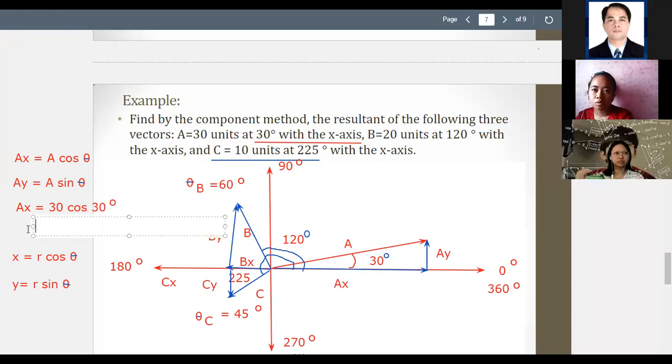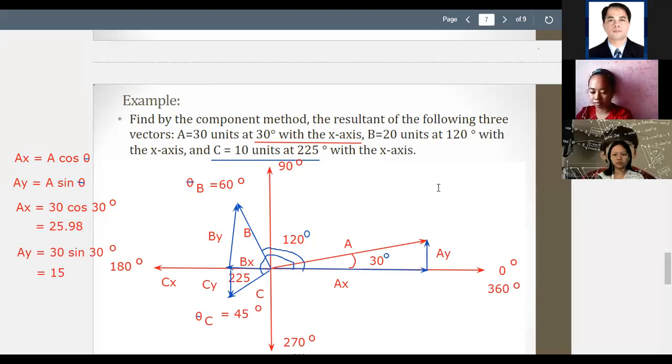So our A sub X will have what value? So we determine each component of A. There are two components of A. How do we picture AX? Again, I will put it in a different color. So this is your AX.